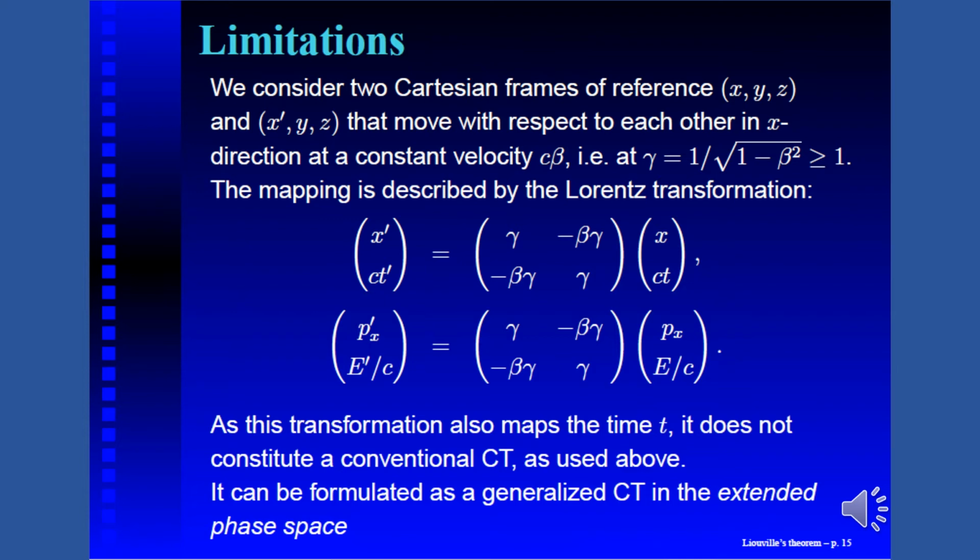The mapping is given by the Lorentz transformation, x' and ct' equal to the matrix gamma, minus beta gamma, minus beta gamma, gamma times x and ct, and px' and E'/c equal to the matrix gamma, minus beta gamma, minus beta gamma, gamma times px and E/c. As this transformation also maps the time, it does not constitute a conventional canonical transformation as used above.